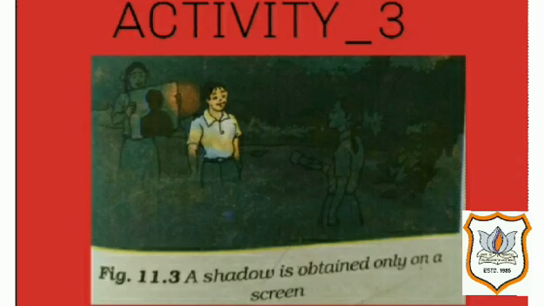The screen could be a wall, the ground, the ceiling, or a table. So the conclusion is: the essential condition needed for the formation of a shadow is that there must be an opaque screen behind the object to receive the shadow of an opaque object in the path of light.